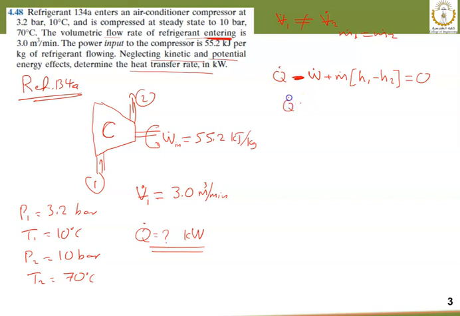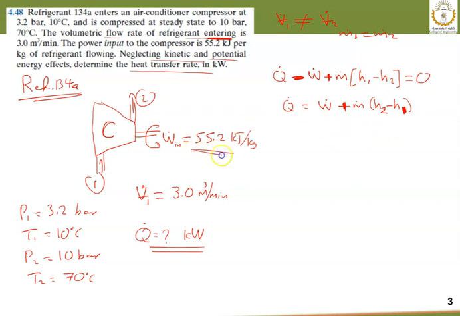So we have Q dot equals W dot plus m dot H1 minus H2. Sorry, since this will go to the other side, then this is H2 minus H1, because this will be negative when it goes to the right hand side.